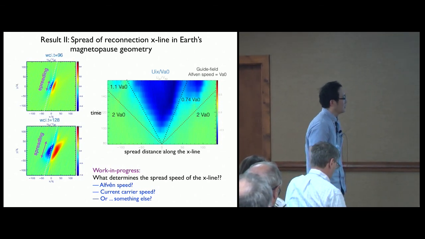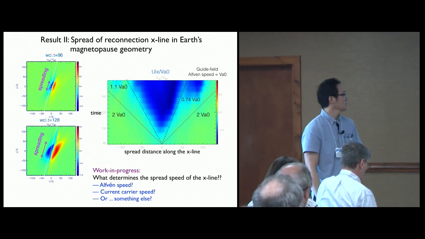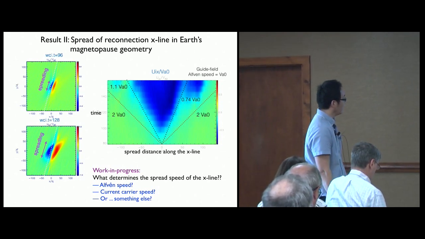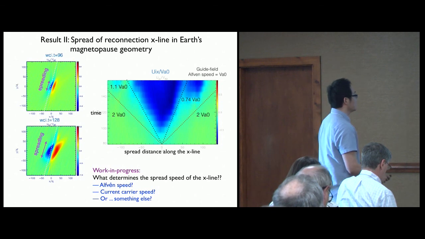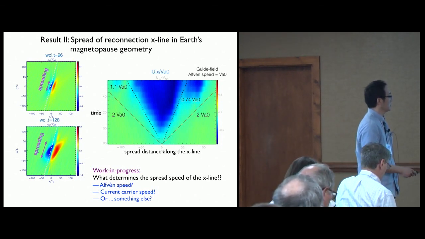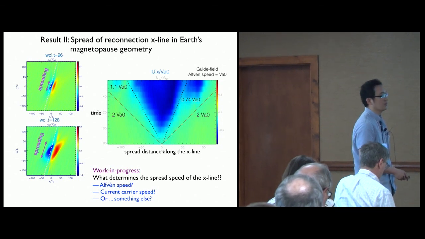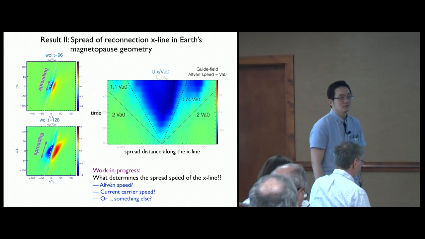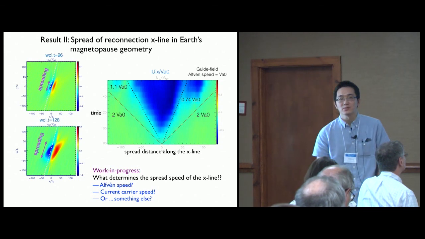Okay, so this is still a work in progress, and there are several candidates that can explain the spreading. One is the Alfvén speed, maybe it's the Alfvén speed along this line, and maybe it's another candidate, maybe it's the current carrier speed, or maybe it's something else, and we're still trying to resolve this problem.